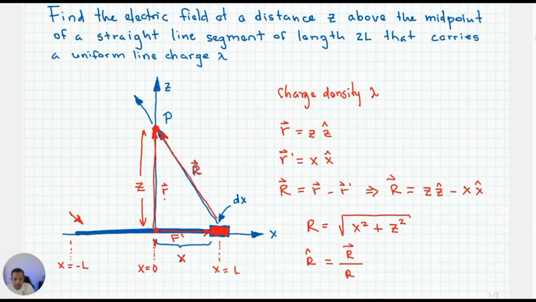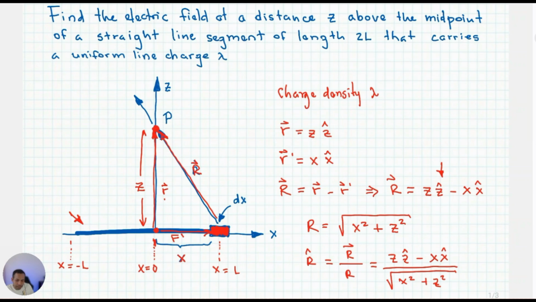Replacing the vectors, we get z along the z direction minus x along the x direction, divided by the magnitude, the square root of x squared plus z squared.